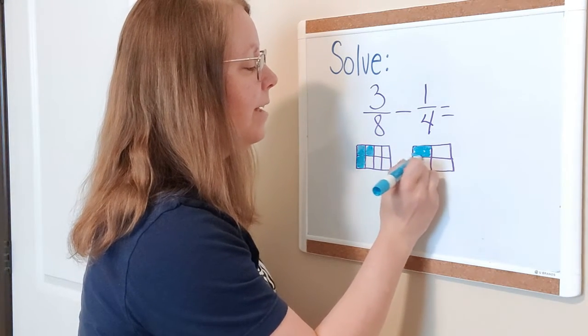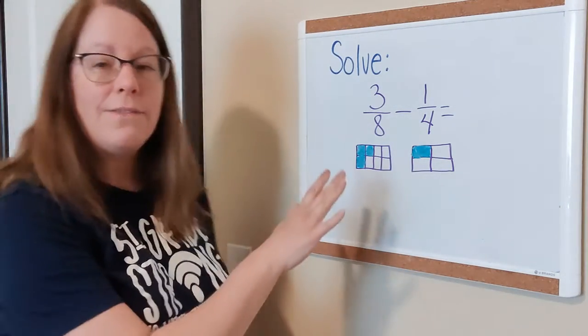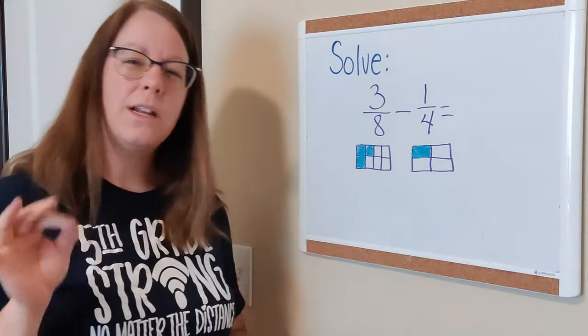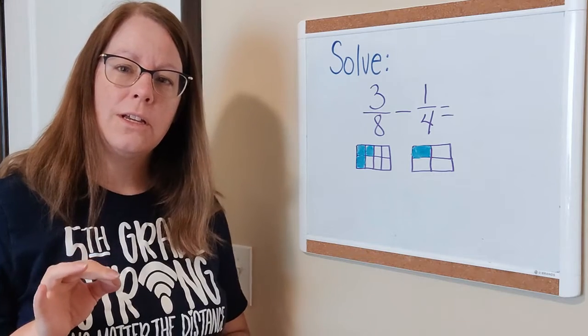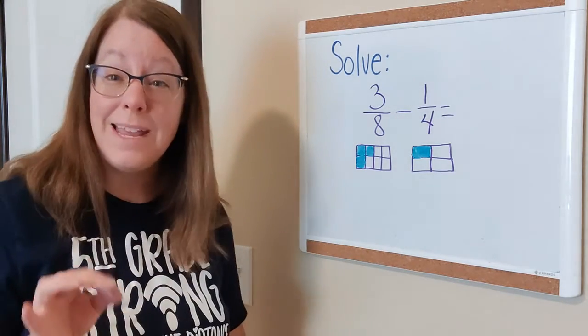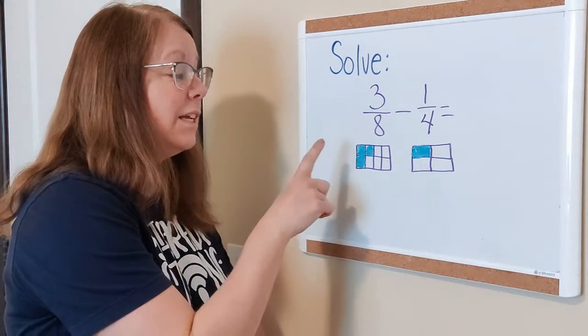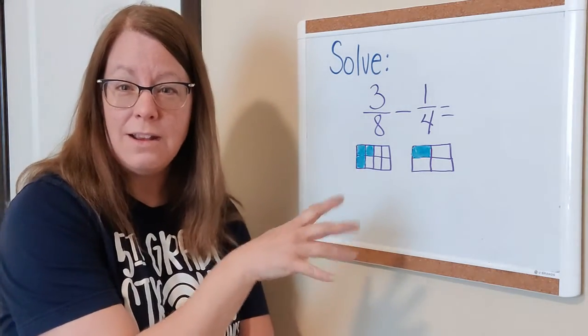Okay, so I'm going to ask myself the same question. When I have these 2 area models, which one can I change to make it so it has the same number of pieces as the other one, to make it so they match? I can't really combine pieces here, right? Think about it.